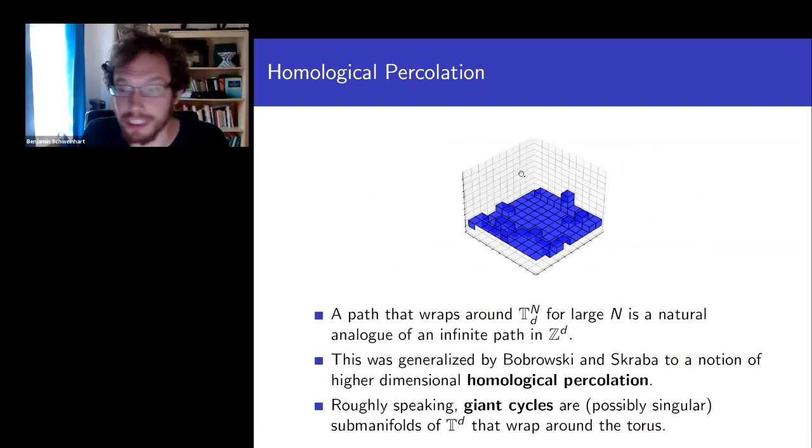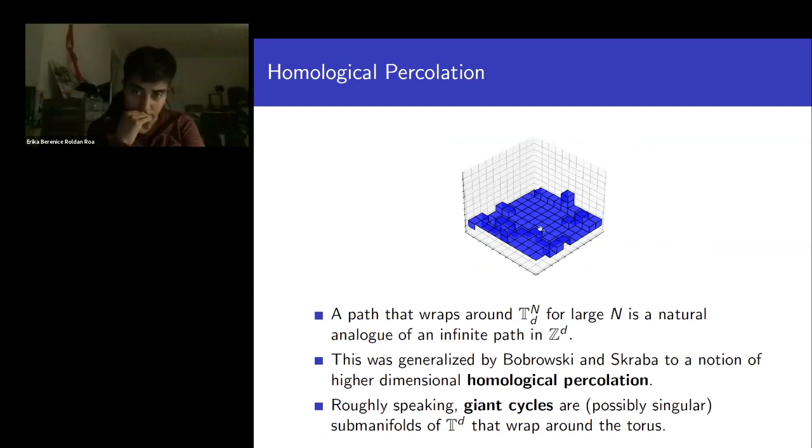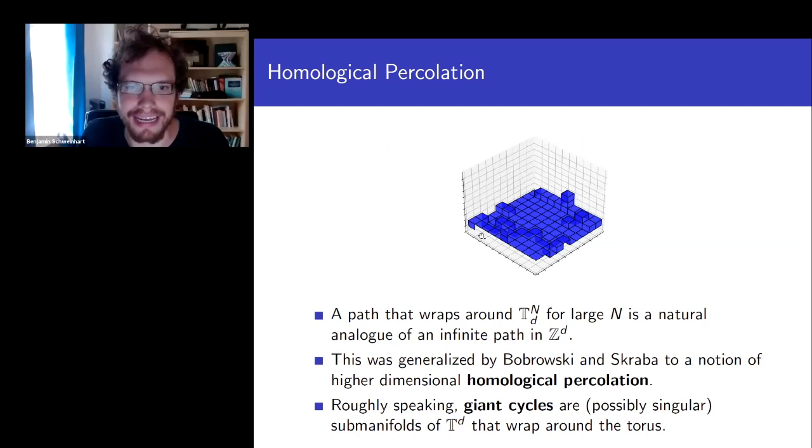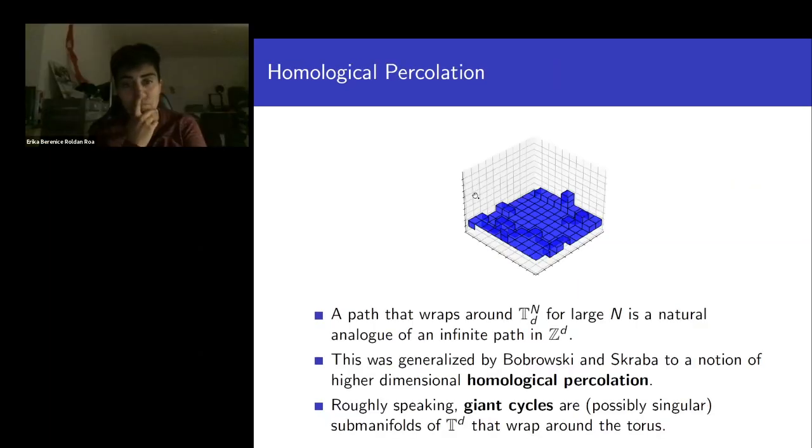Here is an example of a two-dimensional giant cycle in the three-torus. Again, we have periodicity with left and right sides, front and back, and top and bottom. So here is a sheet, a giant two-cycle that wraps from one side of the torus to the other. And we'll have a more formal definition soon.